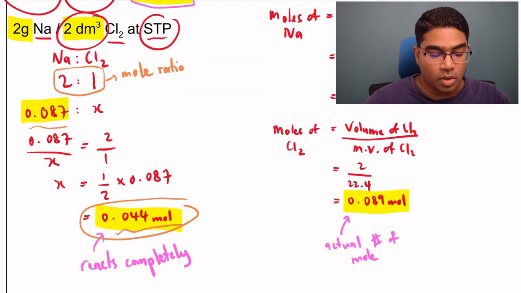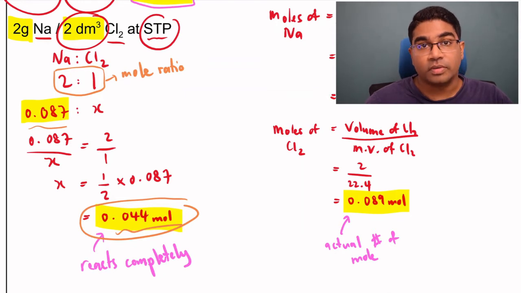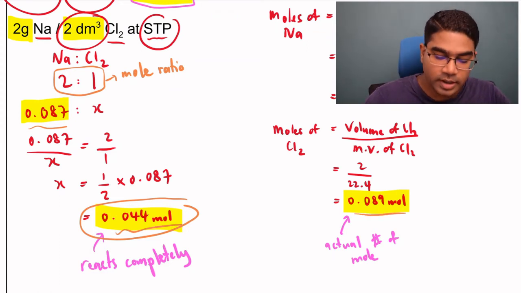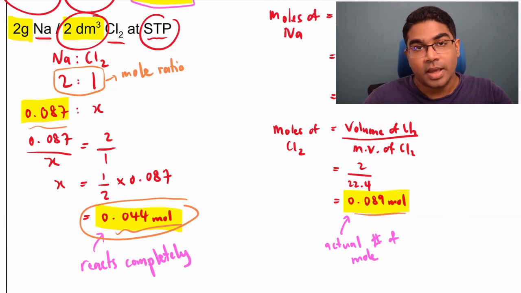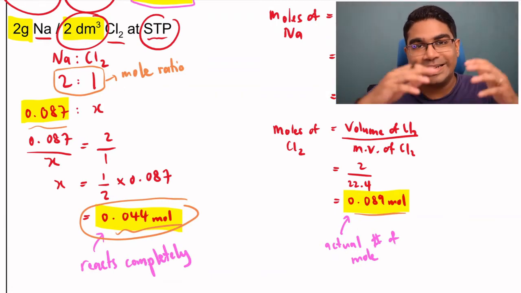So again, only 0.044 moles of the chlorine that's present will react with sodium. But we have 0.089 moles of chlorine. That means after the 0.044 moles has reacted, there will be extra chlorine left. There will be some chlorine that didn't react.